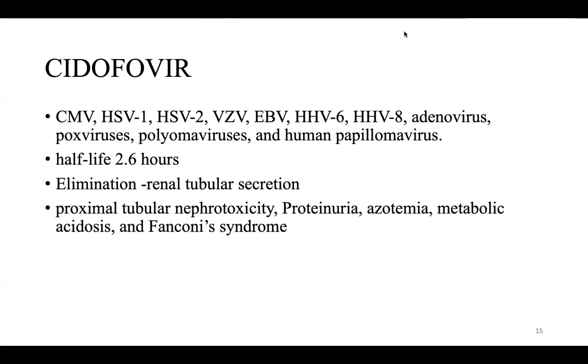Proteinuria, metabolic acidosis, azotemia, and Fanconi syndrome may occur. Concurrent administration of other potentially nephrotoxic agents, for example amphotericin B, aminoglycosides, non-steroidal anti-inflammatory drugs, foscarnet, and pentamidine, should be avoided. Prior administration of foscarnet may increase the risk of nephrotoxicity.